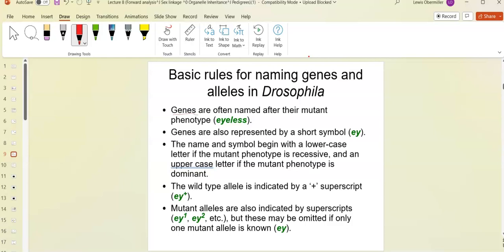That's generally represented by a short symbol, usually the first couple letters of whatever they've decided to name it. The symbol is lowercase, no matter what.